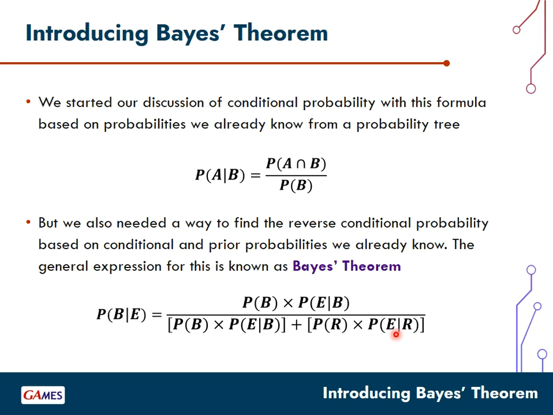So I didn't get the question one. I said by looking at this entire formula, by looking at this expression at the numerator, the denominator, how do you know which event is represented by the entire expression?